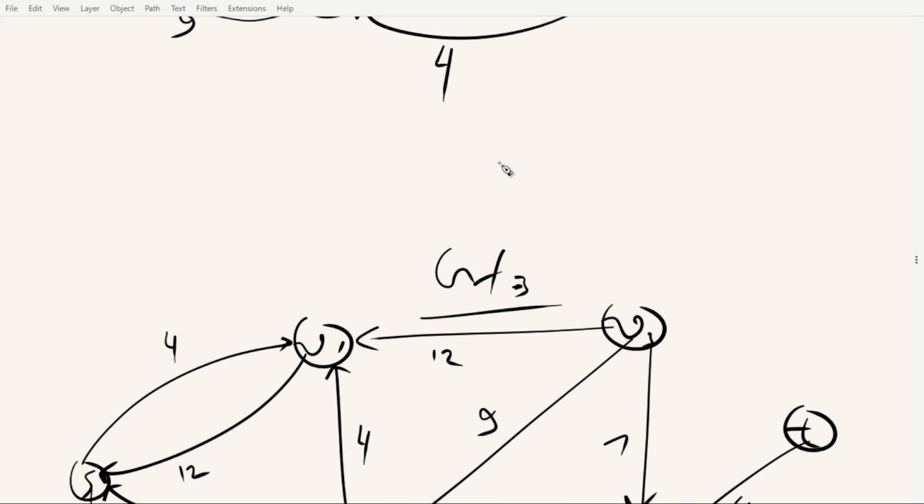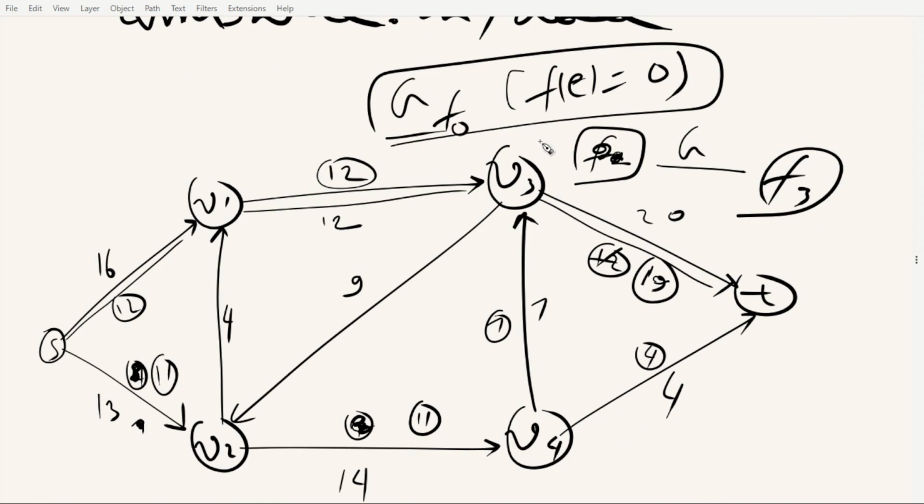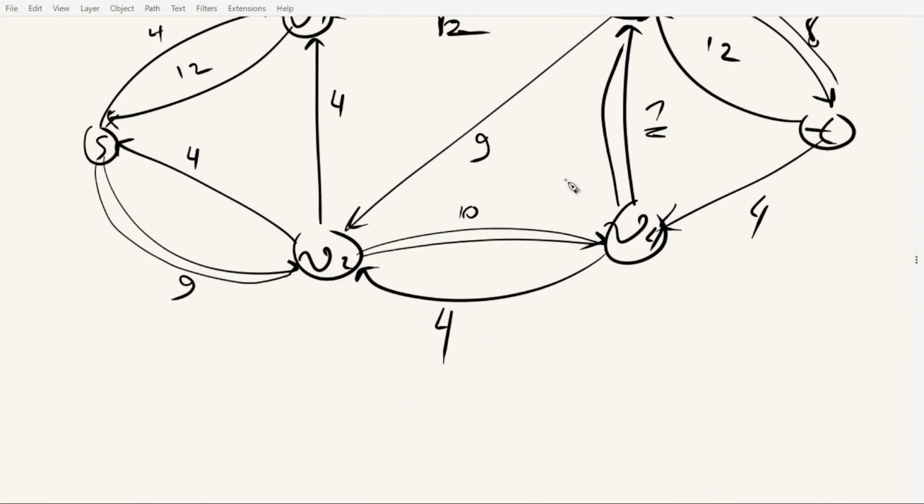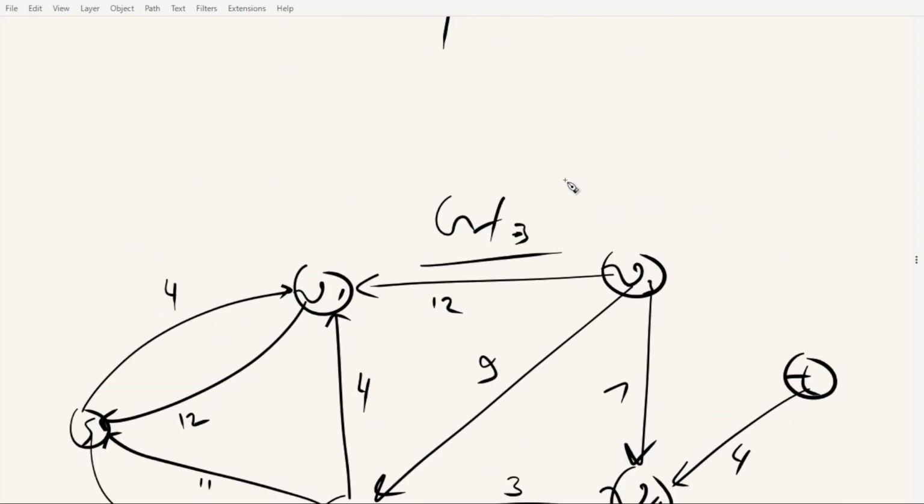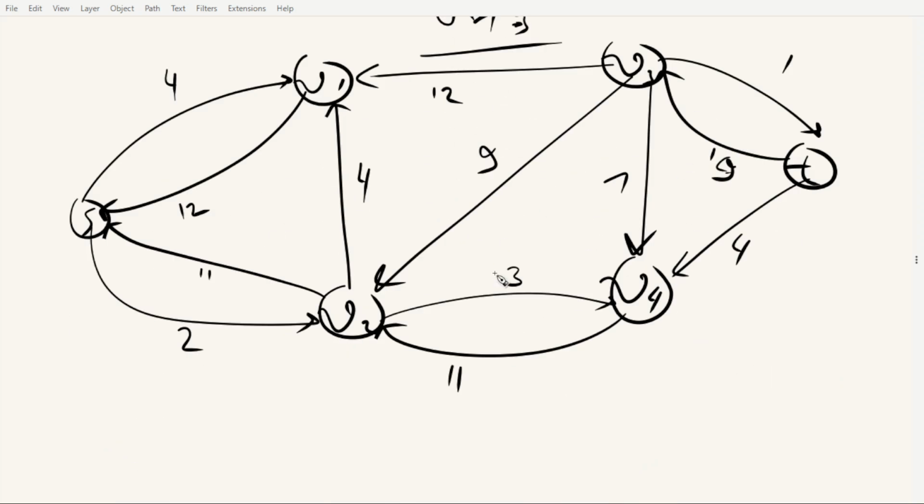Now V3 to T. The difference is 20 minus 19 is 1. Forward is 1, backward is 19. So once again we find a simple S to T path and then augment.